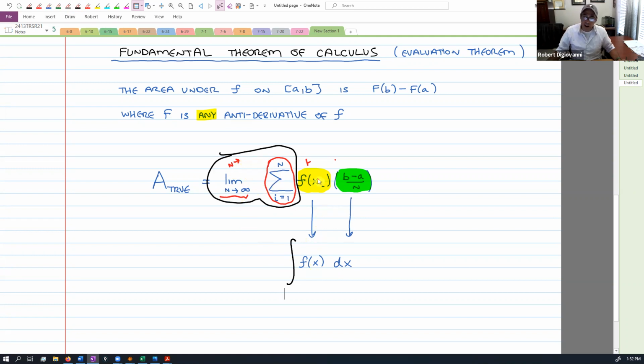This represents the height of the function, and this represents the width. If we add an A and a B to the top and bottom of this symbol, that's where we can notate the interval. We start at A and stop at B, and this should be equal to capital F of B minus capital F of A.